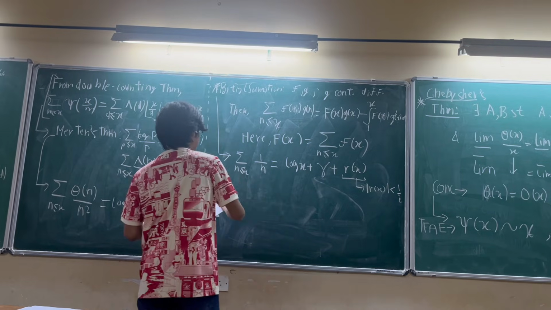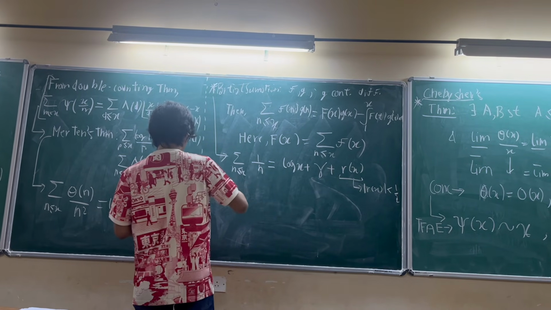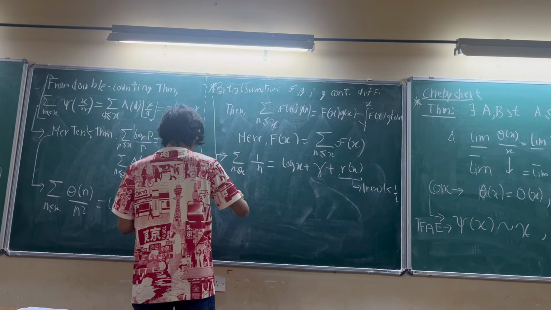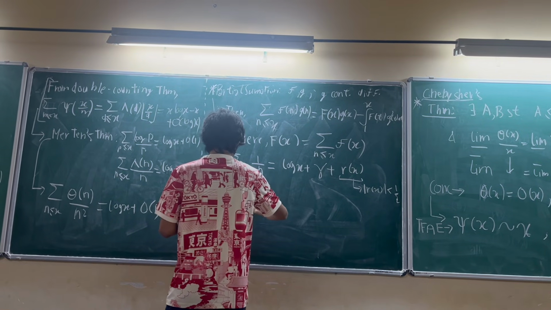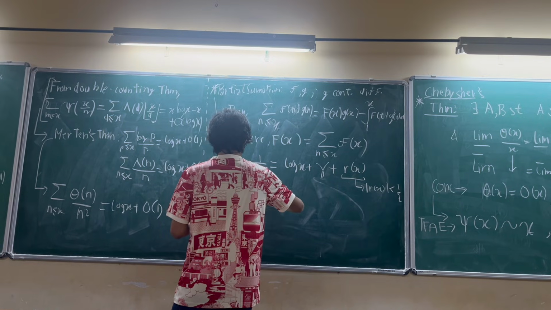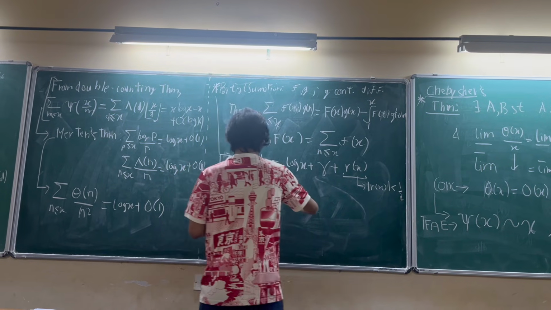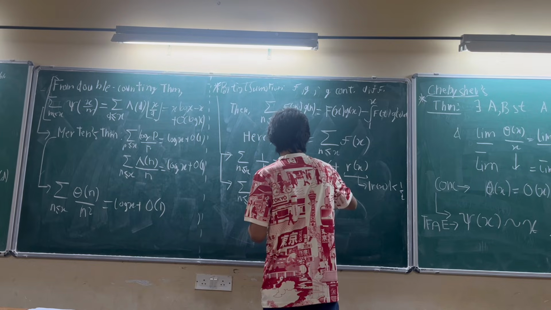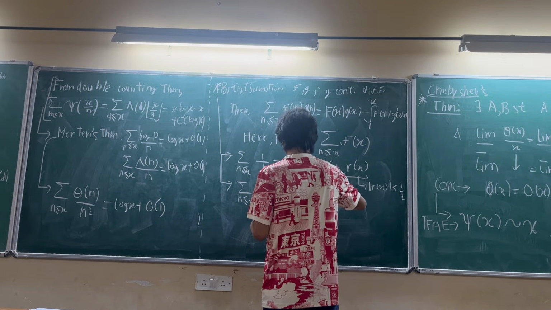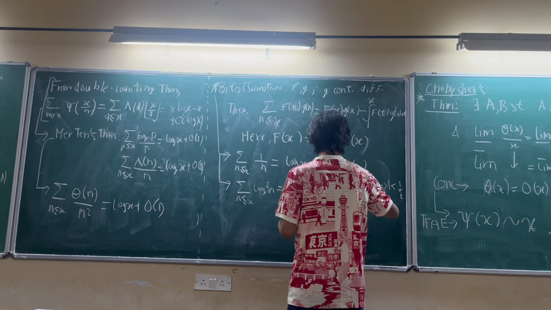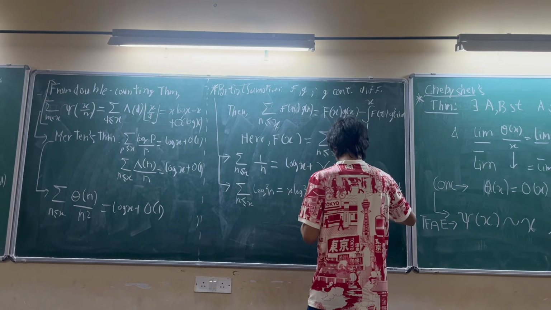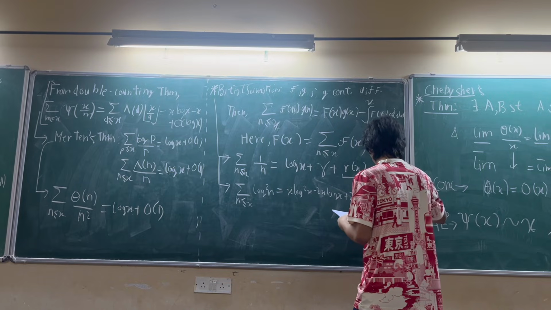Then we have another result, that summation n less than equal to x of log square n is equal to x log square x minus 2x log x plus 2x plus order of log square x.